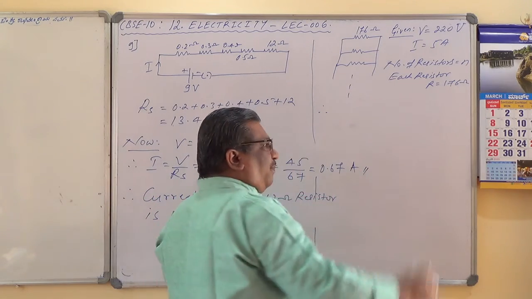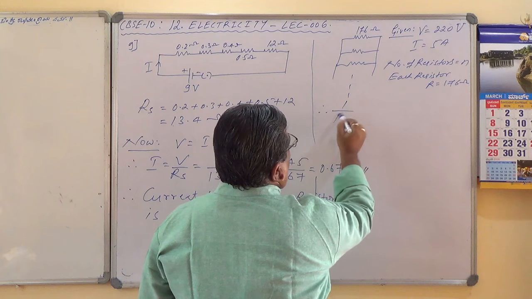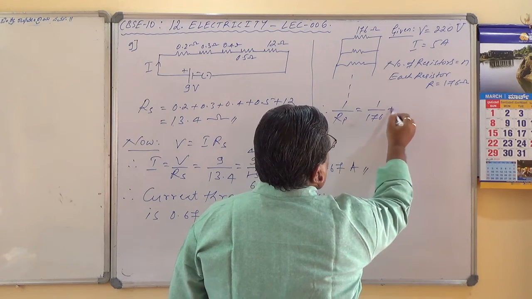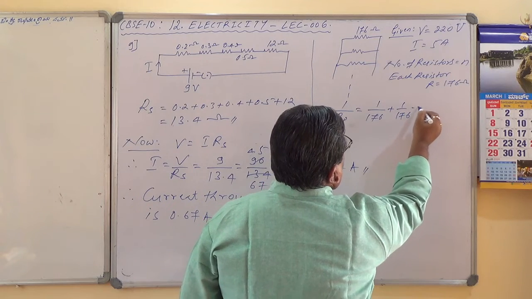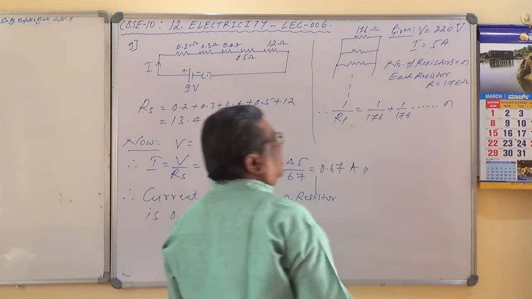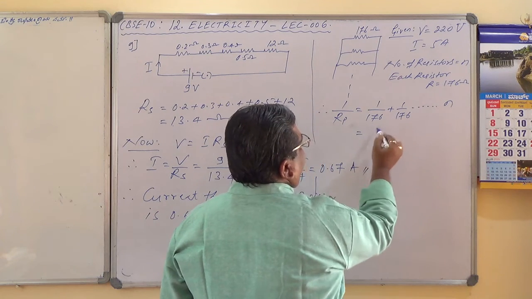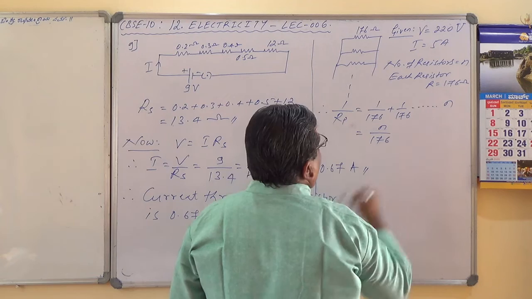All these are connected in parallel combination. Therefore, let Rp be the equivalent resistance. 1 by Rp equals 1 by 176 plus 1 by 176. It will continue for n resistors, which equals n times 1 by 176. N by 176.